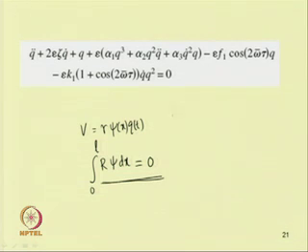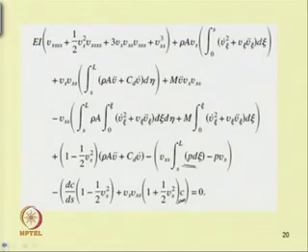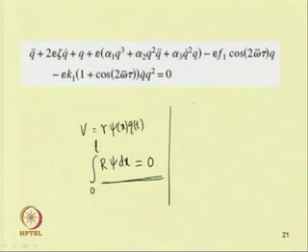For example, let us take only one term and see how it can be reduced. Let us take the first term, that is E I del fourth V by del S fourth. If you integrate that by substituting V equal to R psi(s) and q(t), then this becomes E I, and we have to differentiate it four times. So, this becomes R.